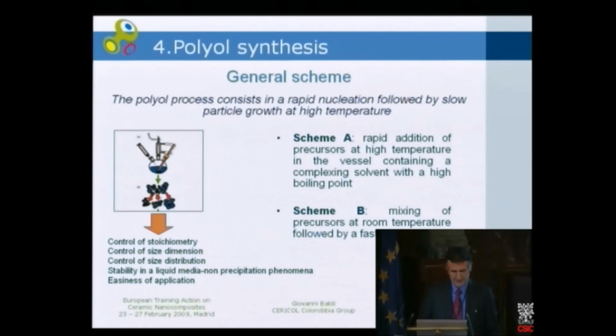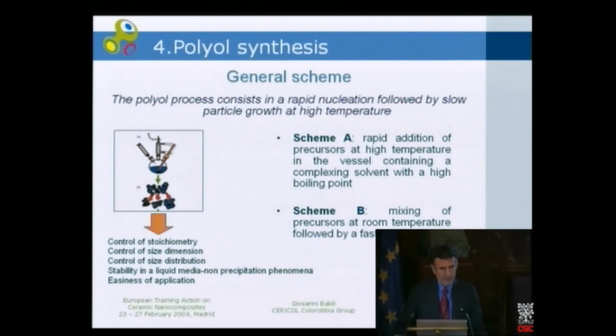This synthesis permits us to control the stoichiometry. It's very flexible. We can make many different particles. We can dope metals. We can dope oxides with other metals. We can control the size dimensions. We can control the size distribution.